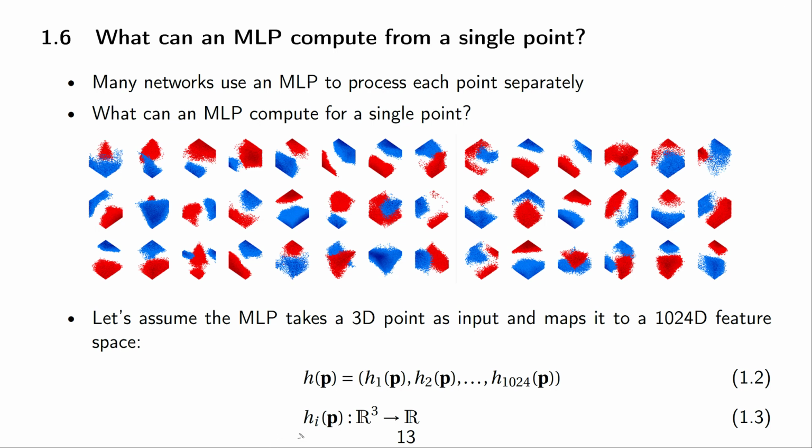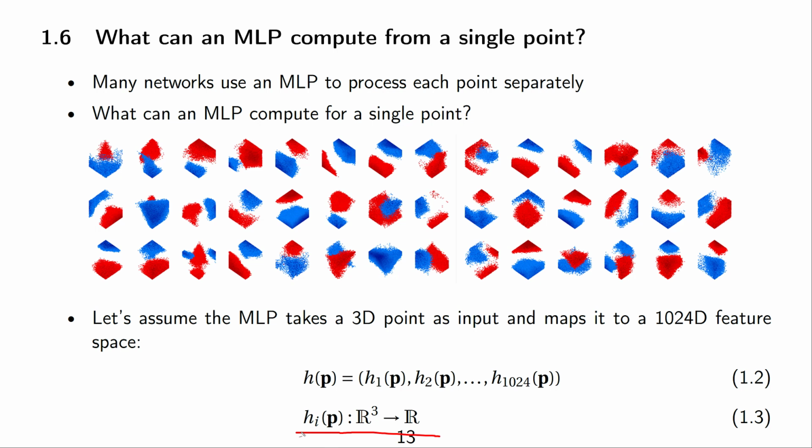We are dealing with many functions of the form hi of p that map three-dimensional space into R. So in PointNet, we will deal with 1024 of these functions hi.